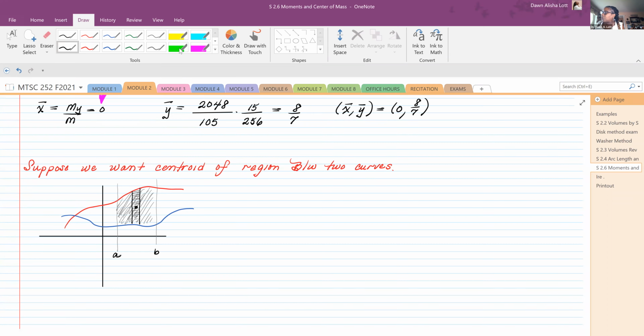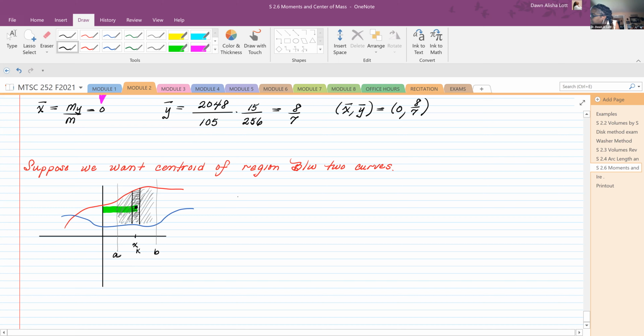Its distance is still always x away from the y-axis. So if I want to rotate that region around the y-axis, it's still going to be a distance there. The thing is, what's the area of that little piece?